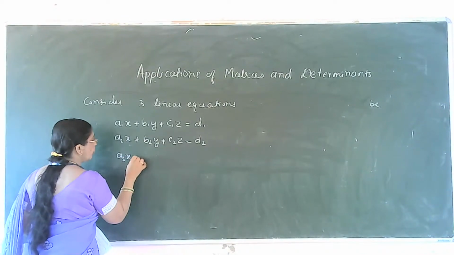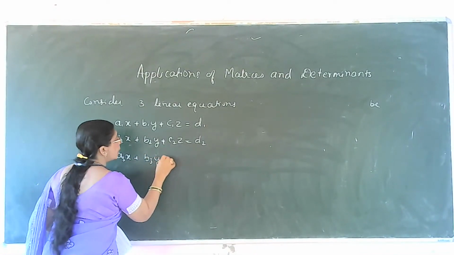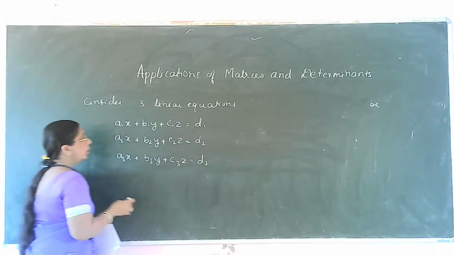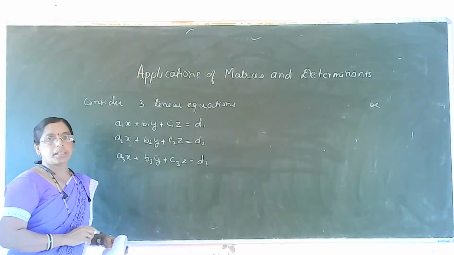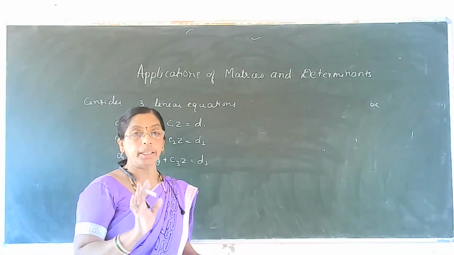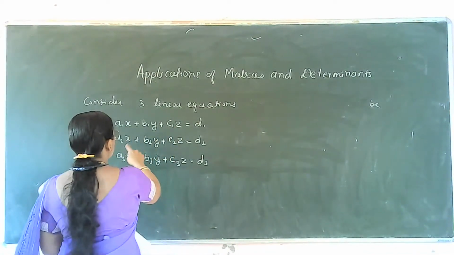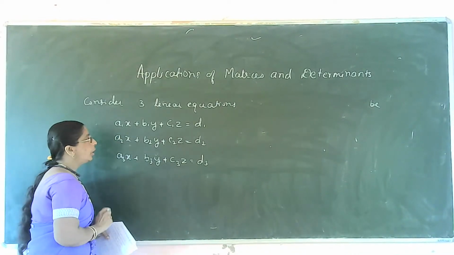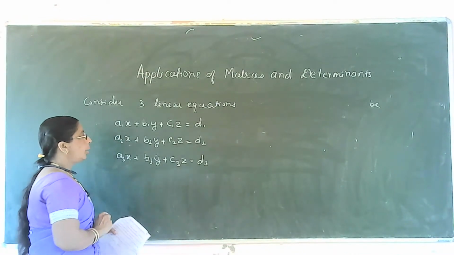Then a3x plus b3y plus c3z is equal to d3. There are three linear equations because there are three variables x, y, z. Therefore, we have to take three equations.